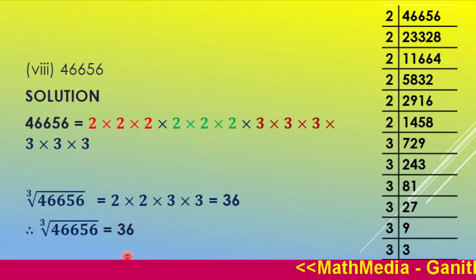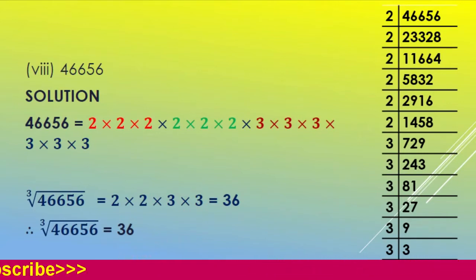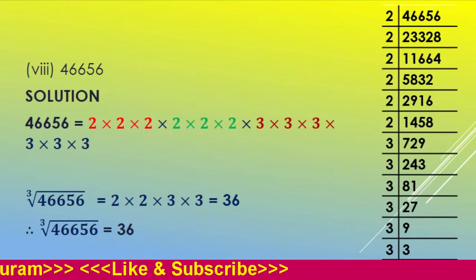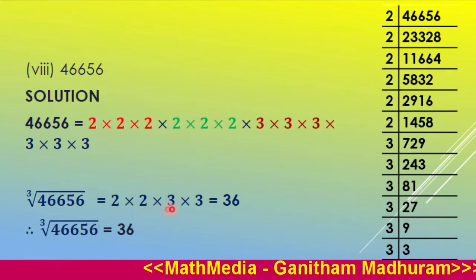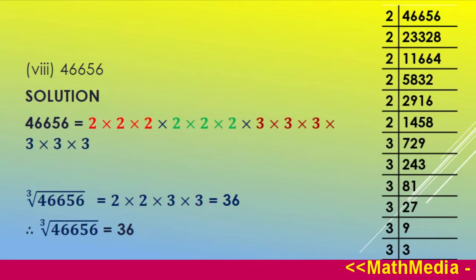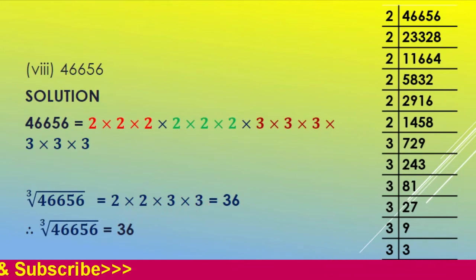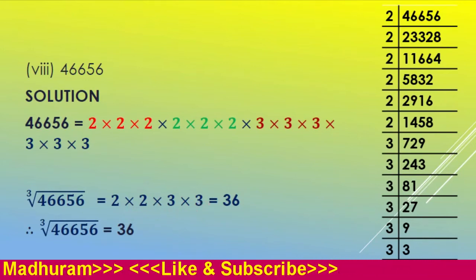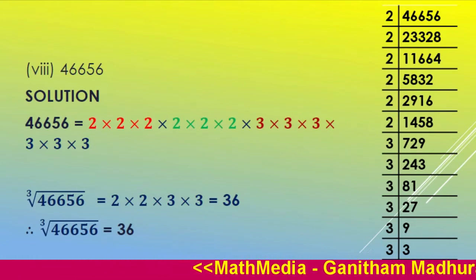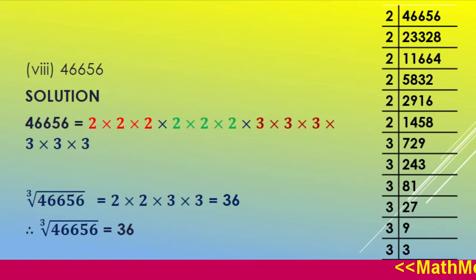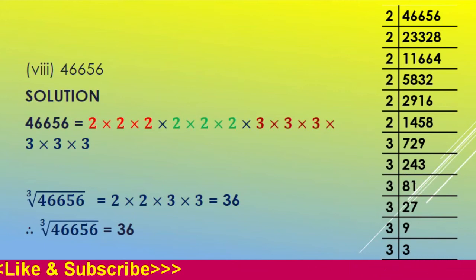Hence the cube root of 46,656 will be the product of 2 into 2 into 3 into 3, that is 4 into 9, 36. Hence the cube root of 46,656 will be 36.